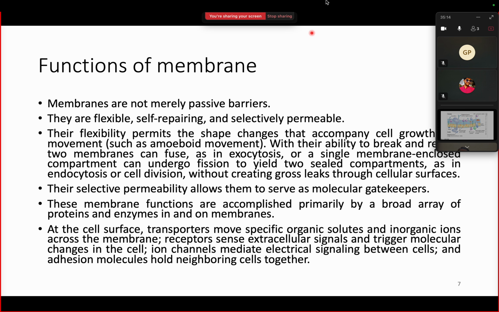Feel free to put it in the chat box, otherwise obviously I'm going to give the answer. It's a very simple basic chemistry phenomenon which plays a critical role in making the membrane selectively permeable. If you are interested, you can also unmute yourself and give the answer, otherwise I'm going to tell.